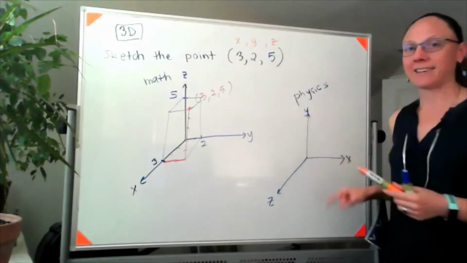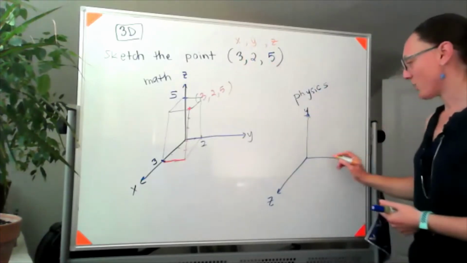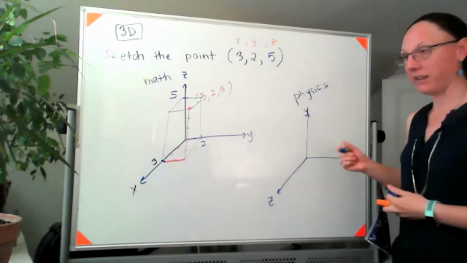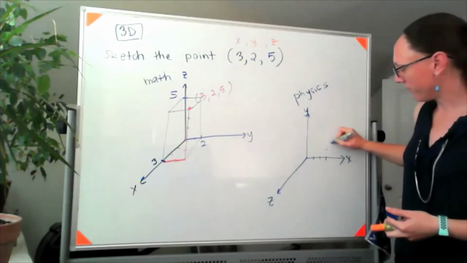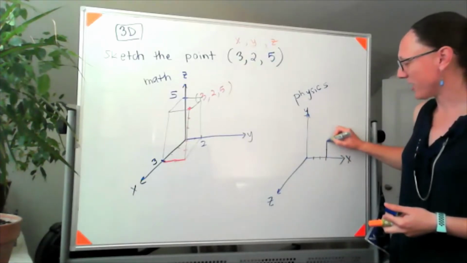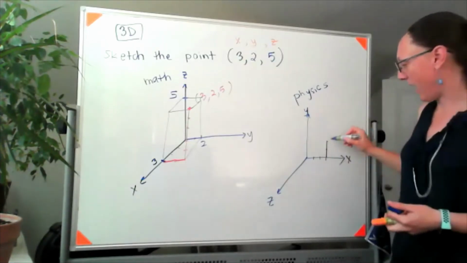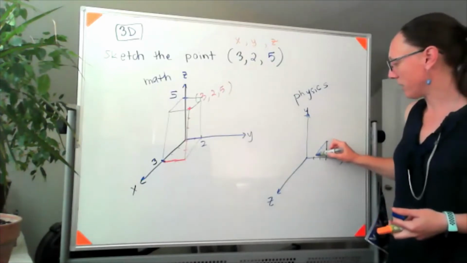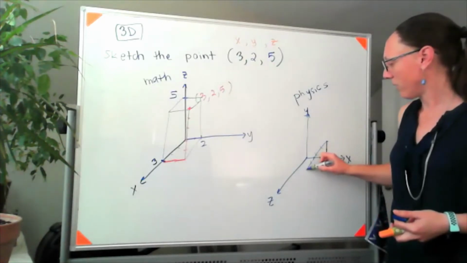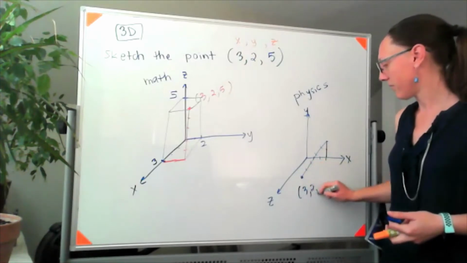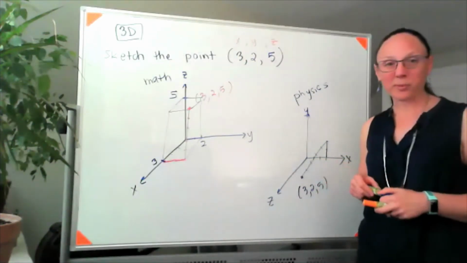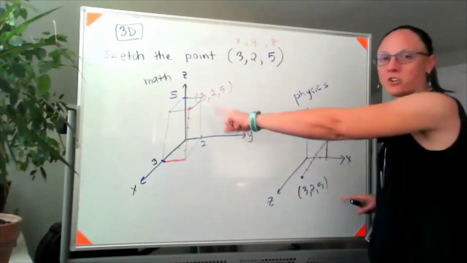We would just be taking steps in different places. So I'd move 3 over in the x direction, and then up 2 in the y direction, and then out 5 in the z direction. So they look completely different, but they're actually the same point.